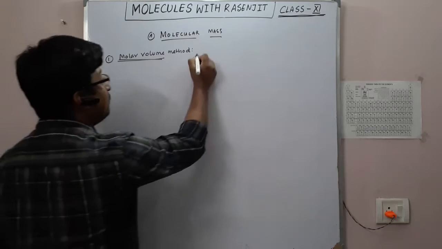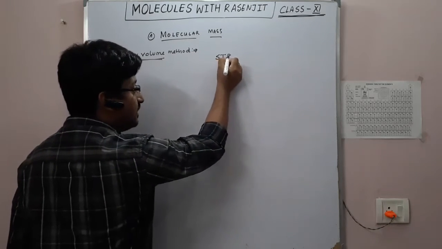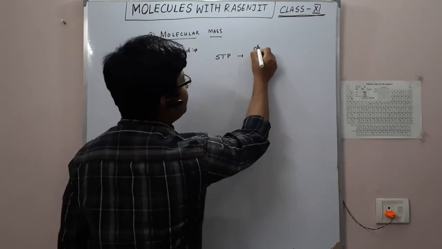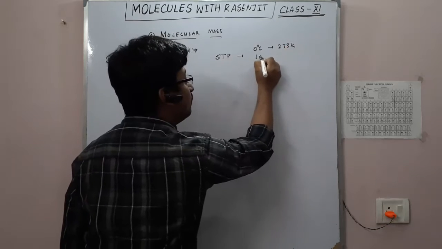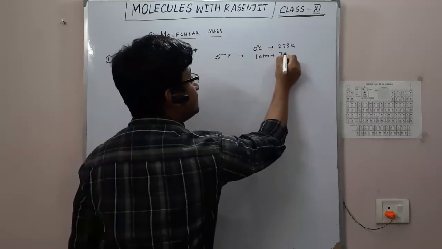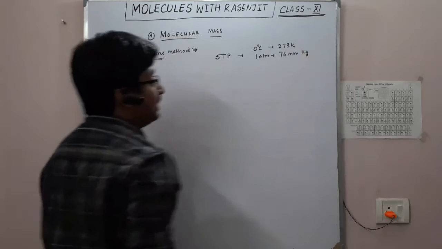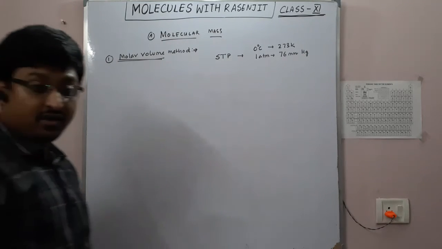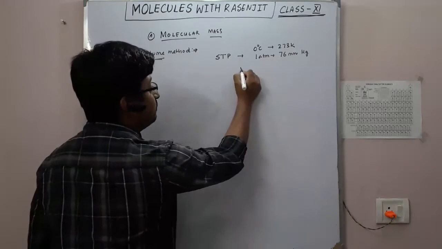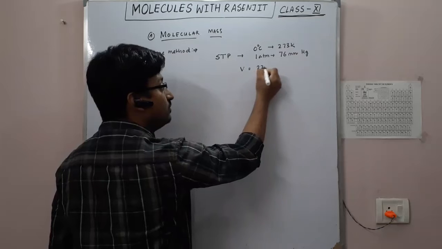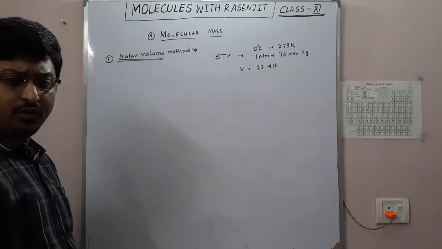The molar volume method is based on standard temperature and pressure, which is 0 degrees Celsius, that is 273 Kelvin, and 1 atmosphere pressure, that is 76 millimeter of mercury. At STP, 1 mole of any gaseous substance gives you a volume of 22.4 liter.